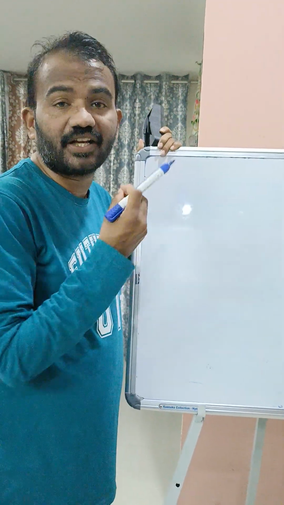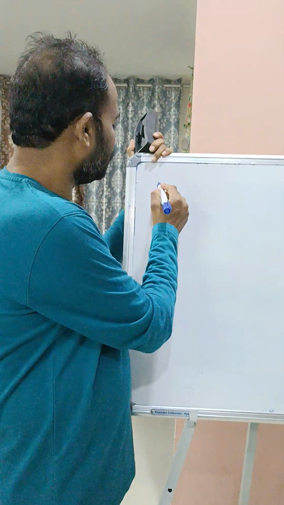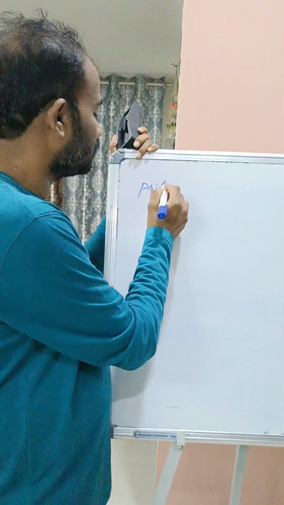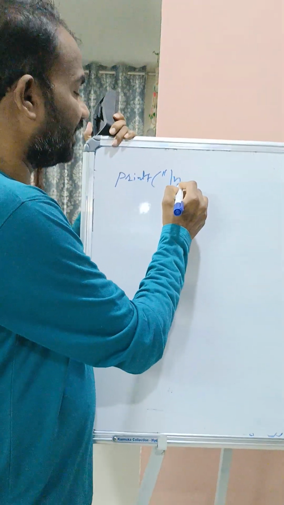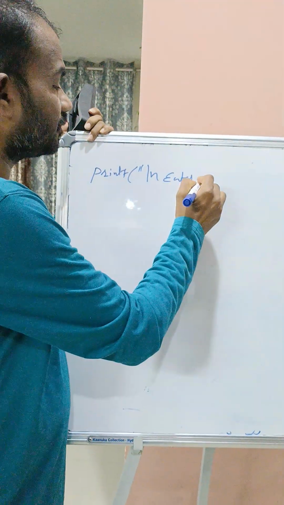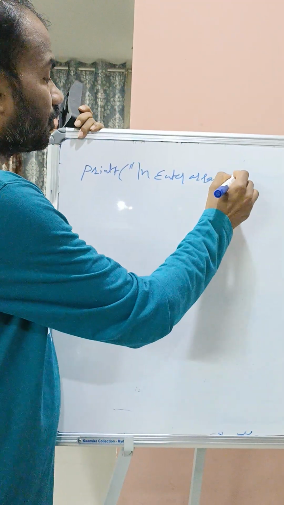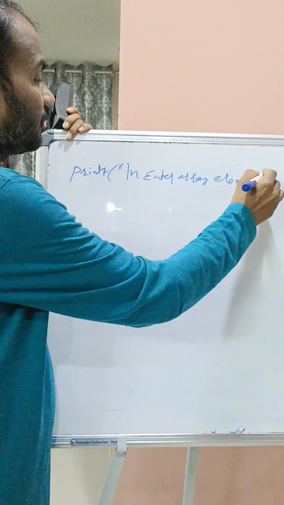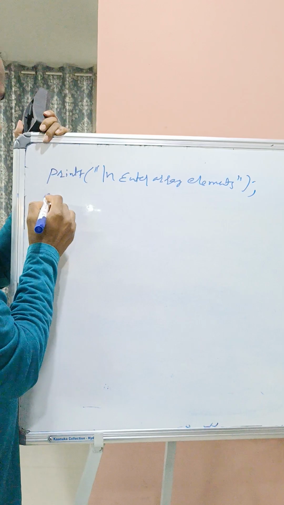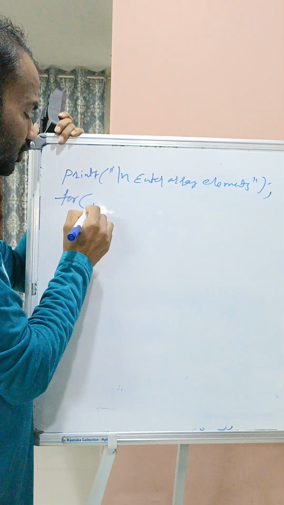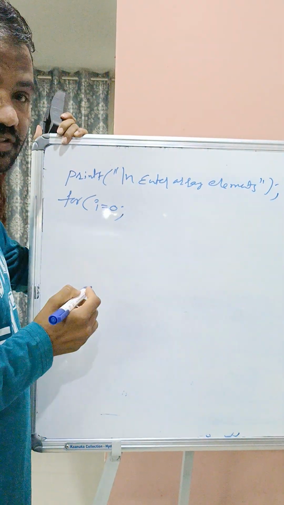What is the second step? We need to enter the array elements. So printf("\nEnter array elements"). So we need to enter a number of elements, so we have to take a for loop. What is the first element? a[0].